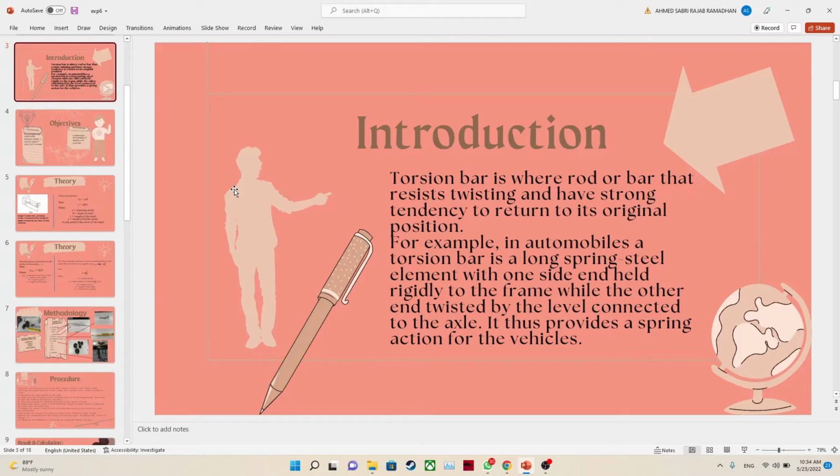For example, in automobiles, a torsion bar is a long spring steel element with one end held rigidly to the frame, while the other end is twisted by a lever connected to the axle. It thus provides a spring action for the vehicles.